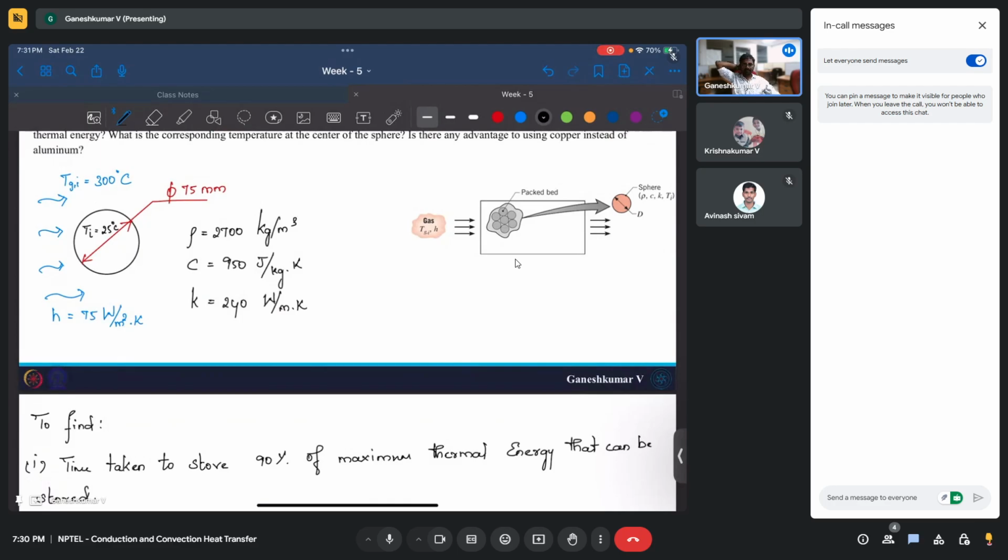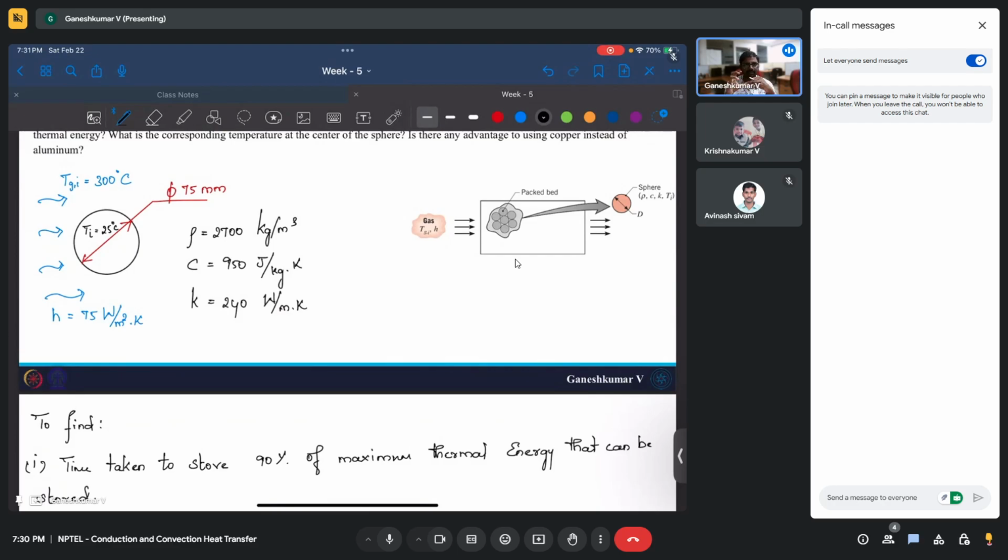So basically you have a sphere with initial temperature 25 degrees Celsius, and you have gases flowing which is at 300 degrees Celsius, and you are going to heat that sphere using those gases. So my question is, what would be the maximum thermal energy that you can store?